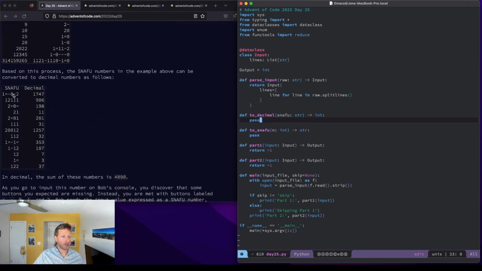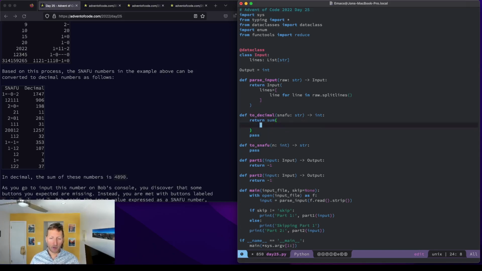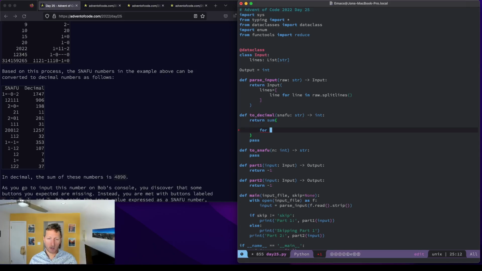To go from SNAFU to decimal is pretty easy. So we're just gonna take each integer, and we're gonna return the sum, and for each char in the SNAFU reversed. So we're going to start from the right hand side, moving left.